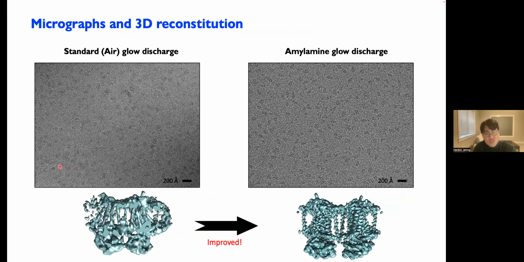Using amylamine also helps somehow with the ice thickness of the sample, and I think the ice on the amylamine grid tends to be thinner than in the normal condition, which improves the contrast of micrographs. And so this finally allowed me to solve the high resolution structure of the TMC1 complex in the end.